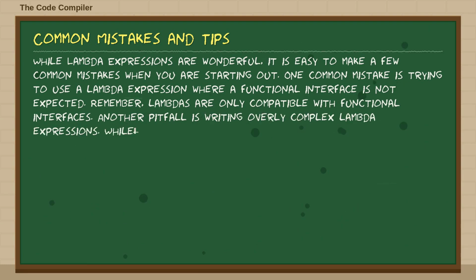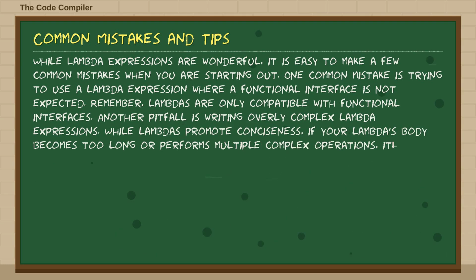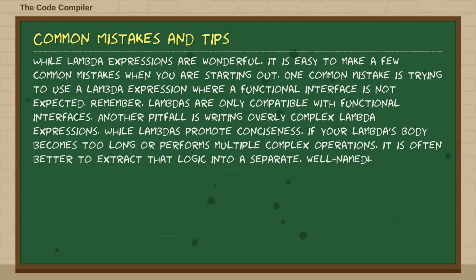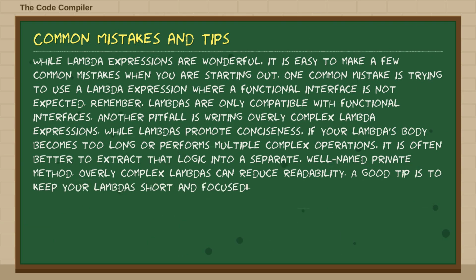While lambdas promote conciseness, if your lambda's body becomes too long or performs multiple complex operations, it is often better to extract that logic into a separate, well-named private method. Overly complex lambdas can reduce readability. A good tip is to keep your lambdas short and focused on a single task.